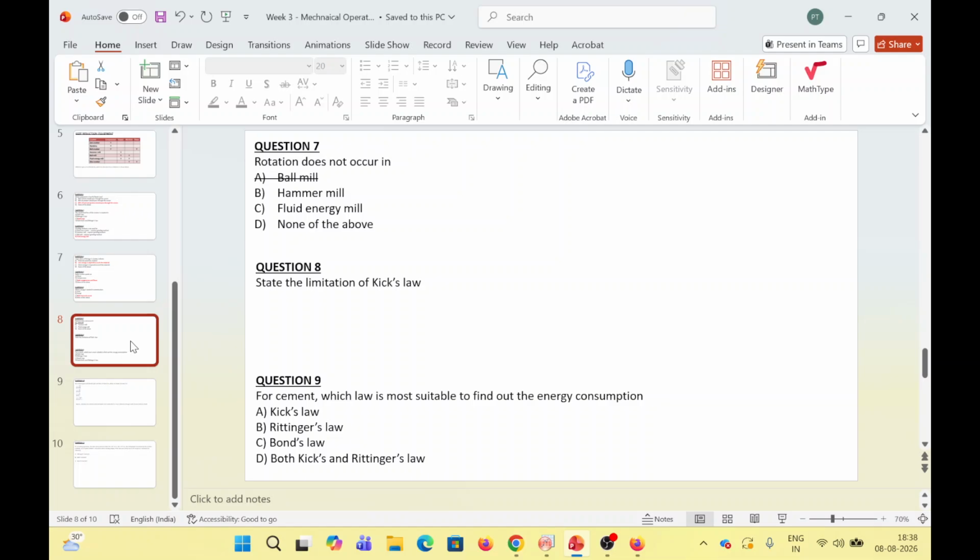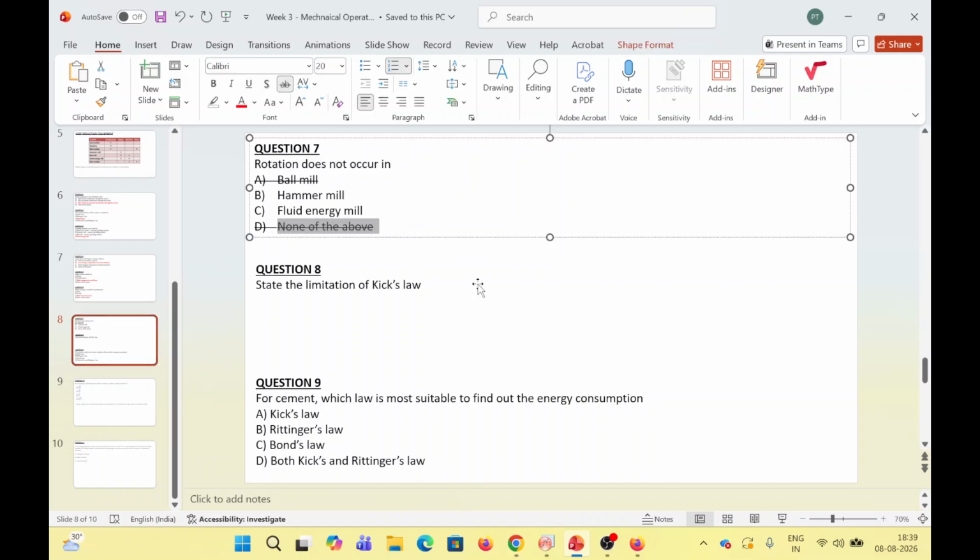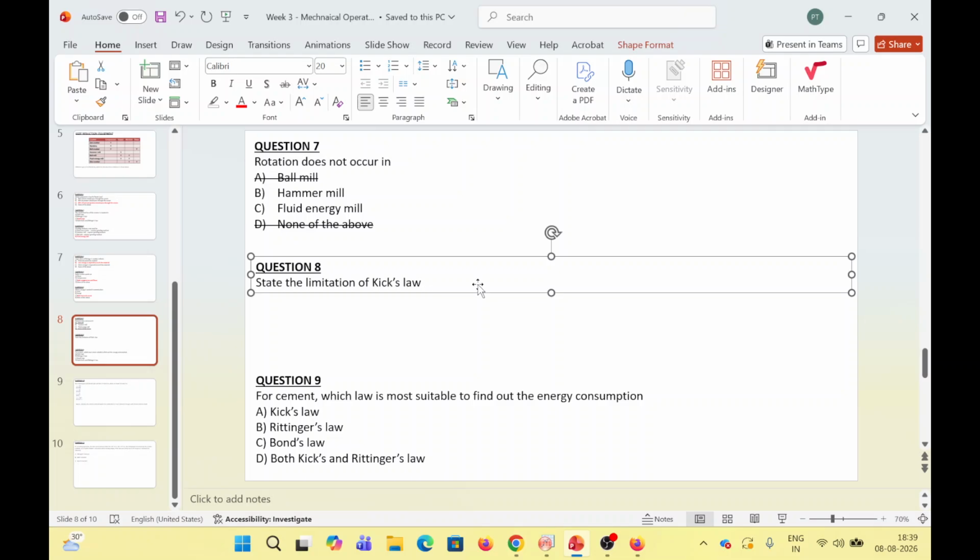Any guesses between hammer mill and fluid energy mill? It's not none of the above, so I'm going to remove that option as well. So between hammer mill and fluid energy mill, it's going to be fluid energy mill, right?